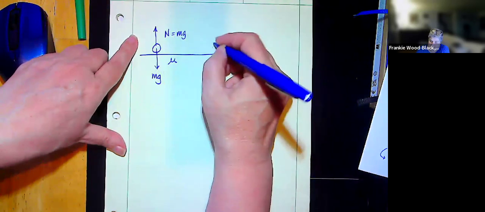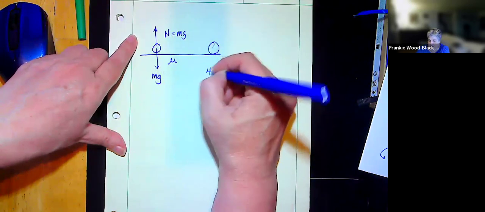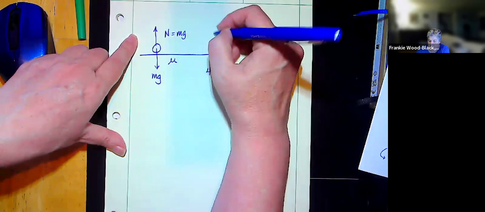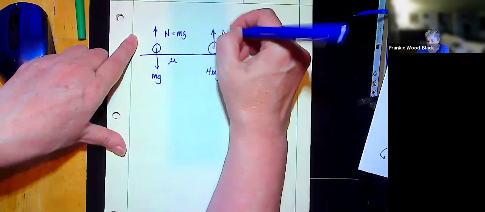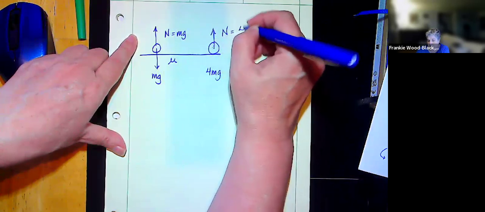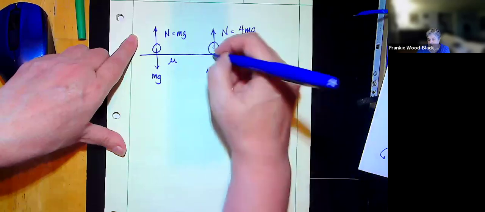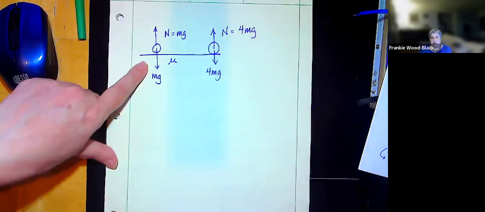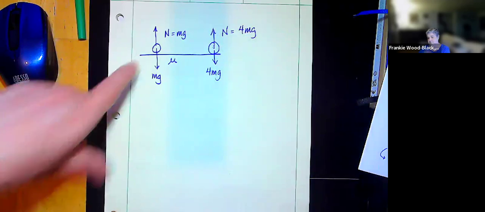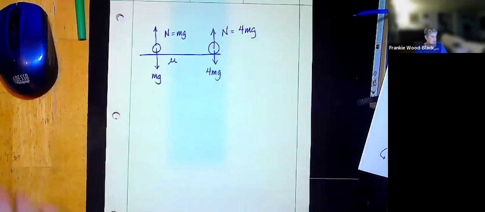I'm going to have something that's different if I'm at 4mg. My normal force is going to be 4mg. So it will come into play if I'm dealing with friction. I'm going to have some differences associated with friction. So you will see a few things that are dealing with that.